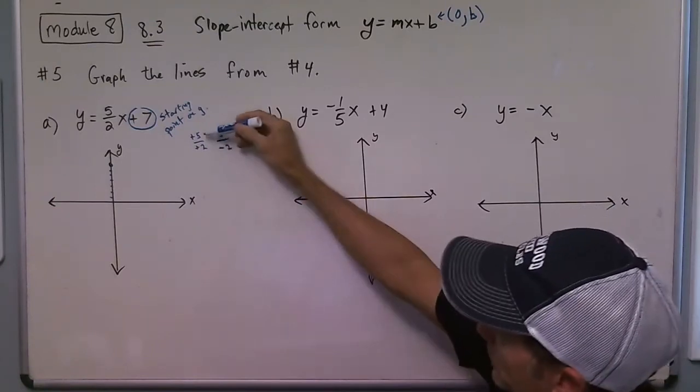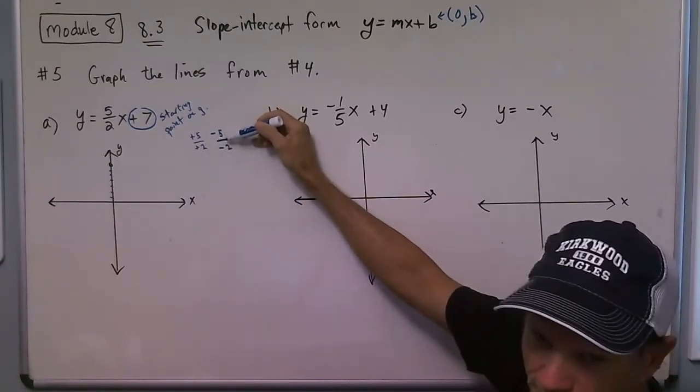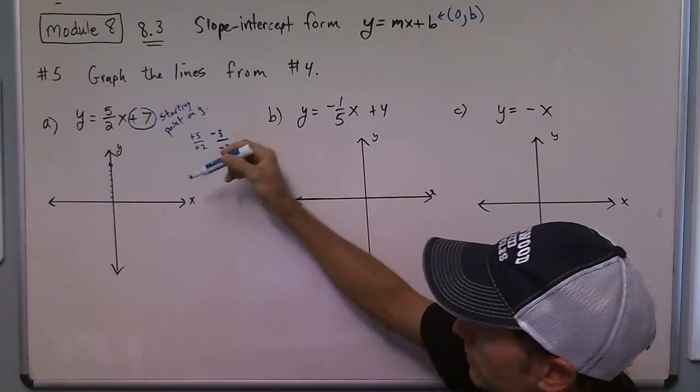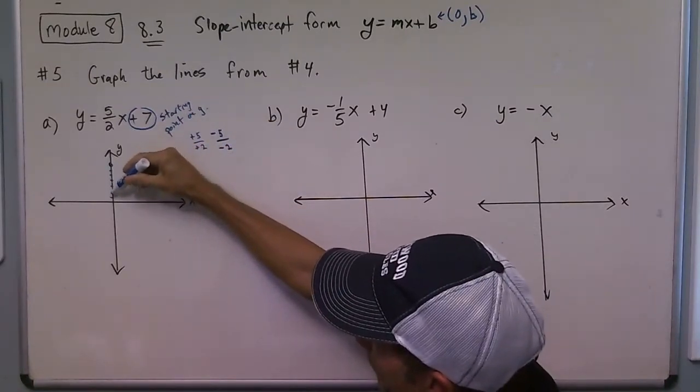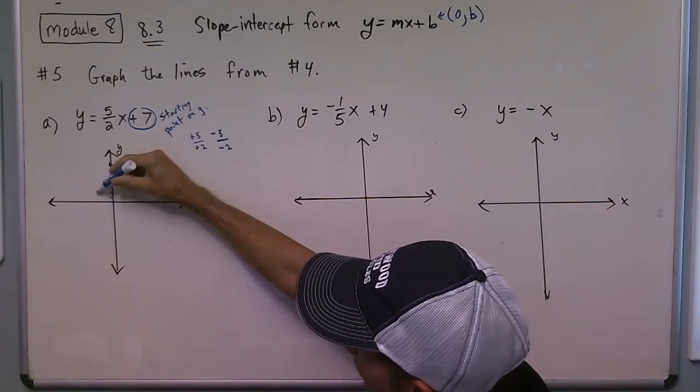Because if you look, this is a positive number and this is a positive number. A little confusing, but let's go down 5, 1, 2, 3, 4, 5, and then back 1, 2, and then I'll put a point there.